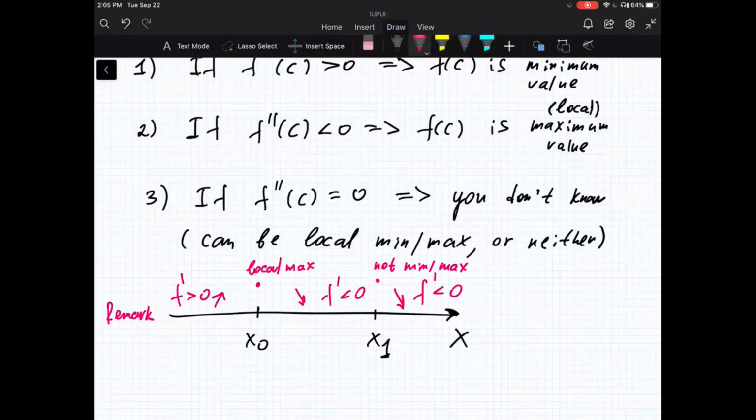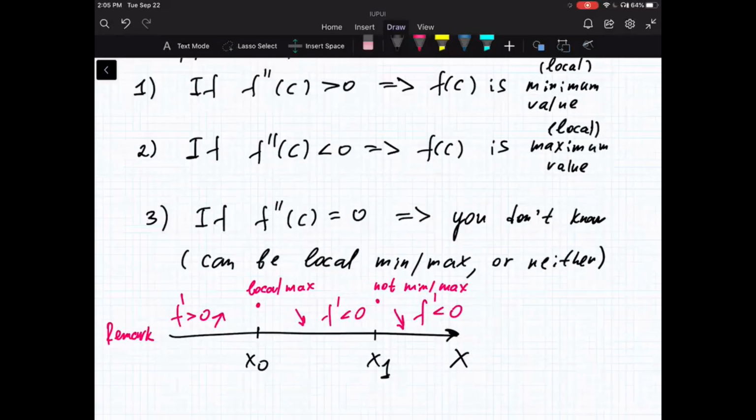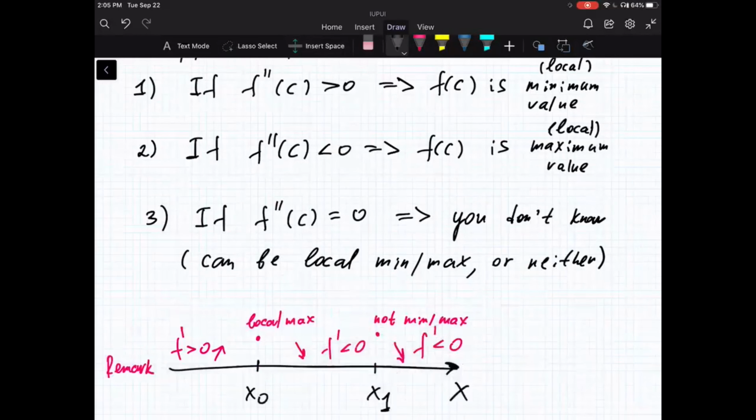So again, in order to determine if a point is a local minimum or maximum, we should not only calculate the zeros of the derivative, but also look at the sign of the first derivative. And now the theorem says that you don't need to do such complicated stuff.